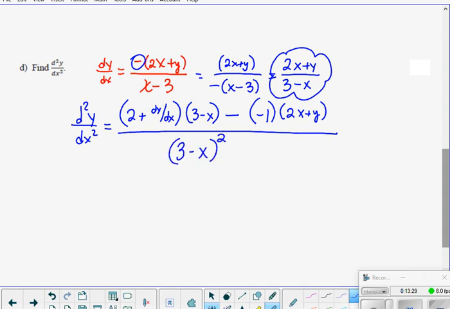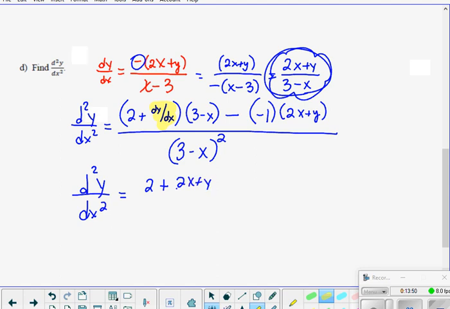Now, typically you cannot leave your answer with dy/dx in it when I'm trying to find the second derivative. So let's do that replacement. We know how this works. d squared y over dx squared will be 2 plus, I'm just going to go ahead and use this version because it will look prettier than having that negative hang out front again.